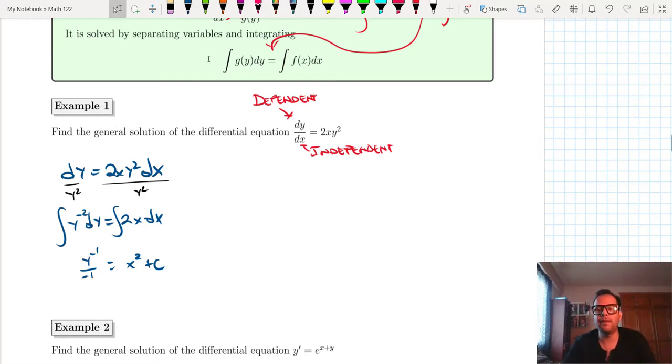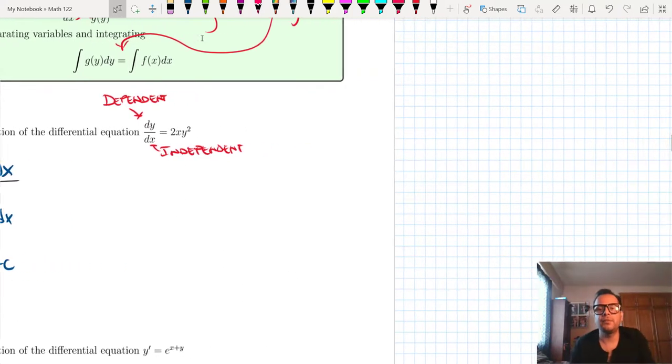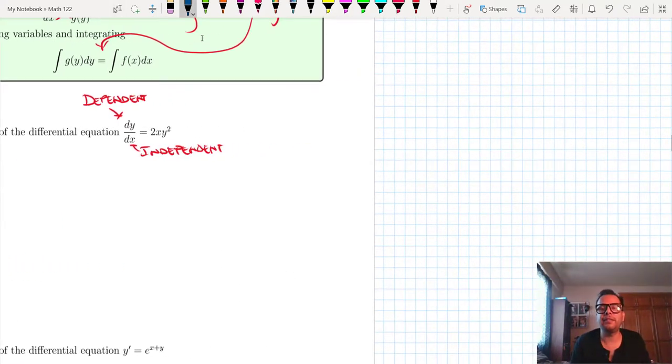For example, the integral of y dy, let me make this simple, equals the integral of x dx. Let me actually put a 2. So this is going to be y squared plus, let me call it c1, equals x squared plus c2.